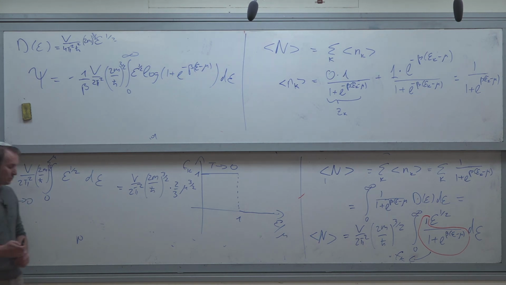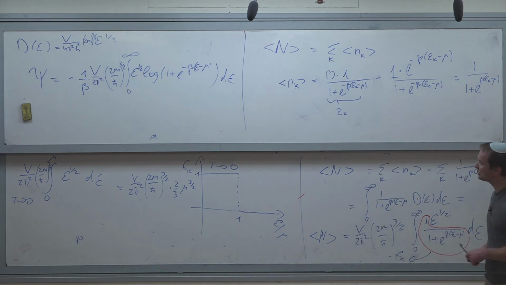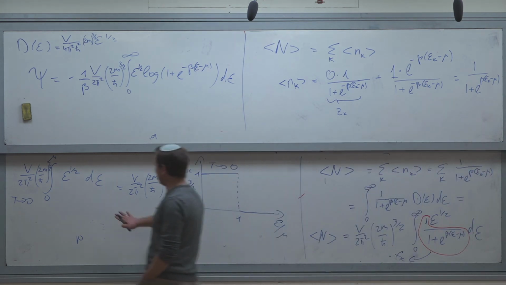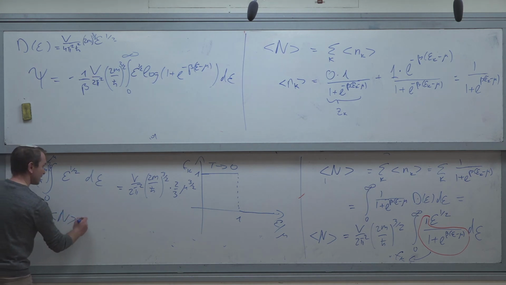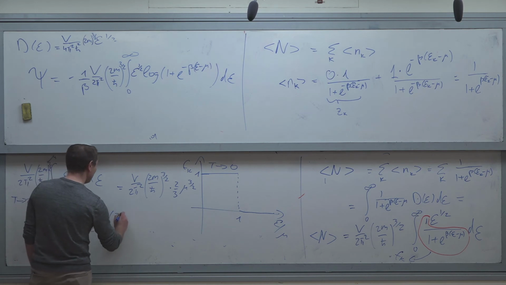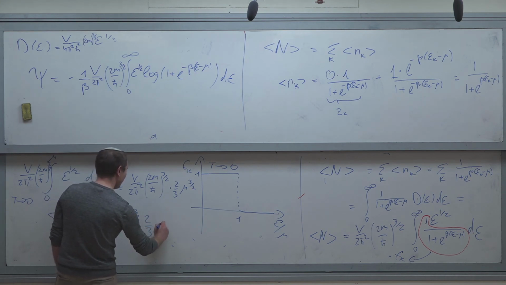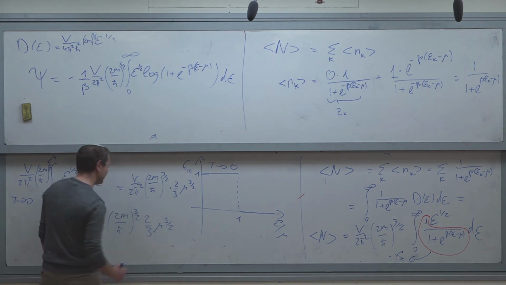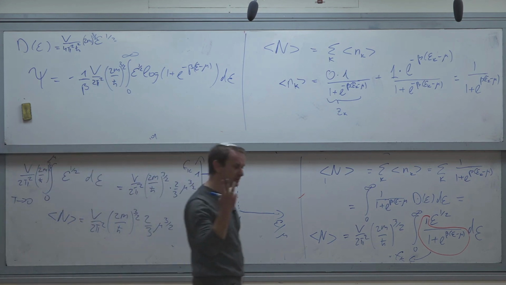So in the limit when T goes to 0, in the limit of very small temperatures, the average number of particles is V divided by 2π², (2m/ħ²)^(3/2), times (2/3) μ^(3/2). Now remember what we've done with the system of three states?